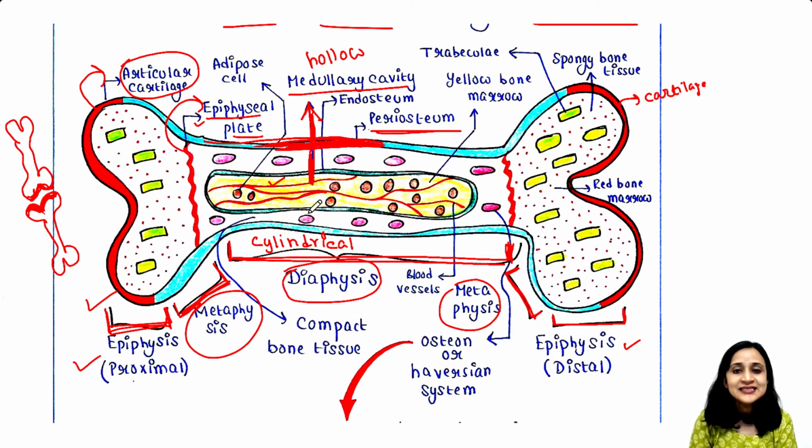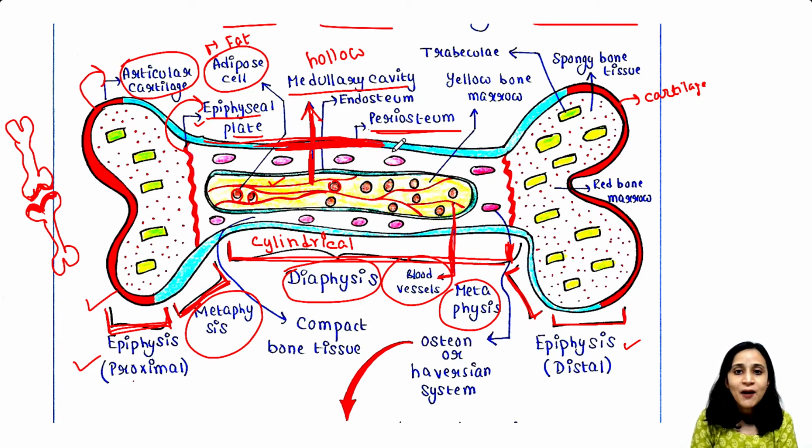And in this cavity you can see some round cells. These are nothing but adipose cells. These cells store fat. And here you can see some blood vessels present in this medullary cavity.